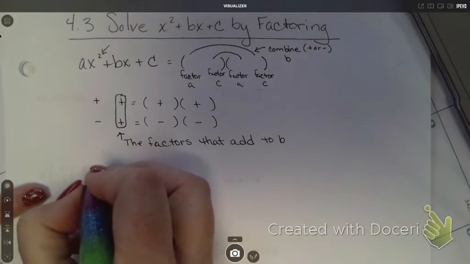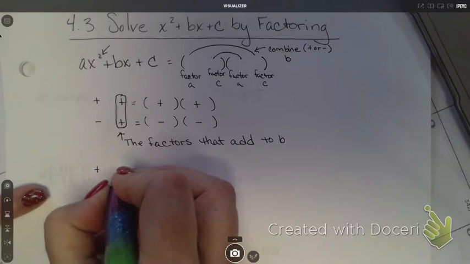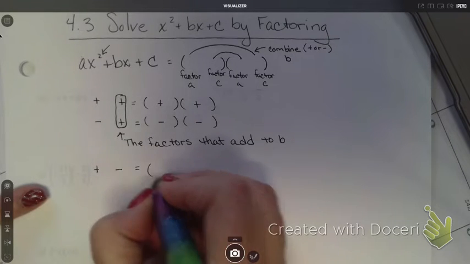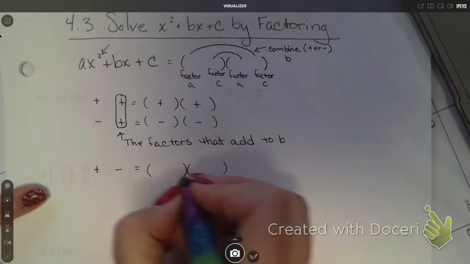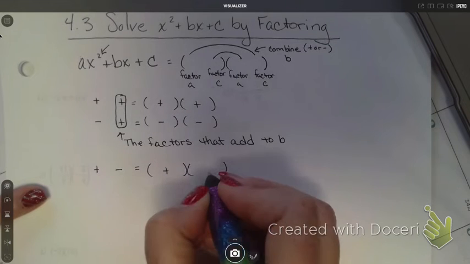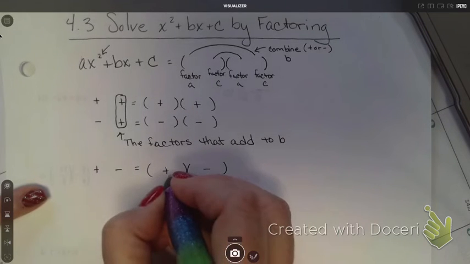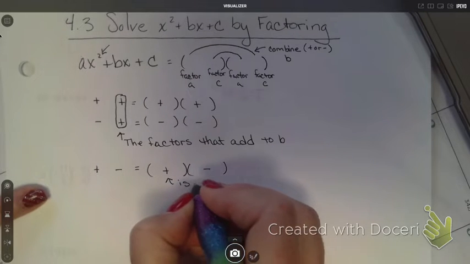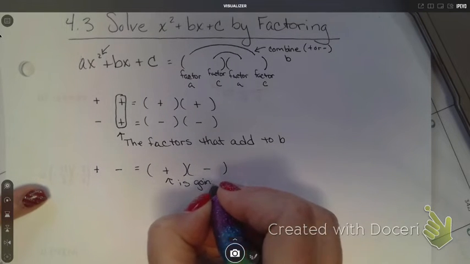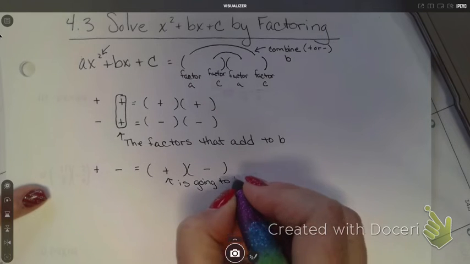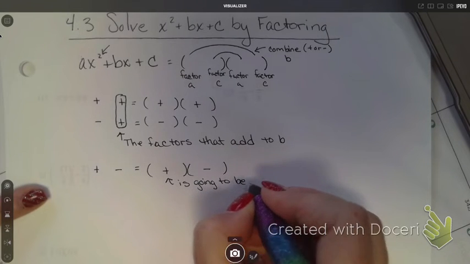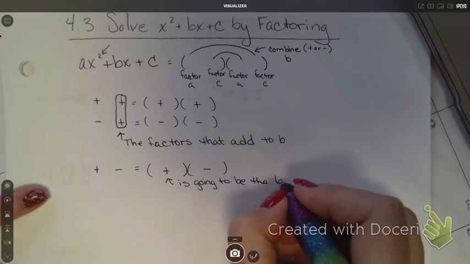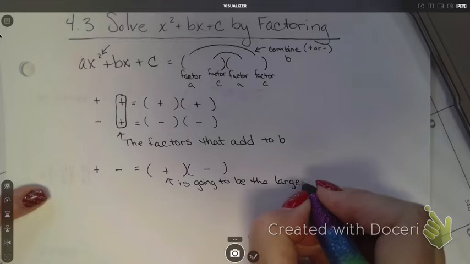If I have a plus minus, it's going to be plus minus, and the plus is going to be the largest factor.